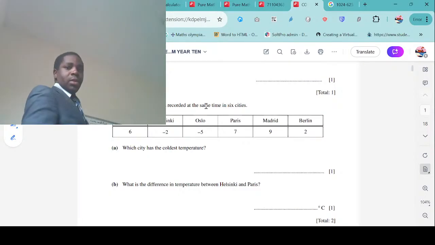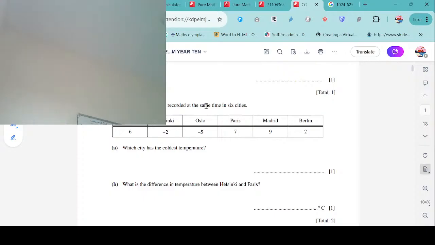B says, what is the difference in temperature between Helsinki and Paris? So Helsinki is -2. Paris is 7.